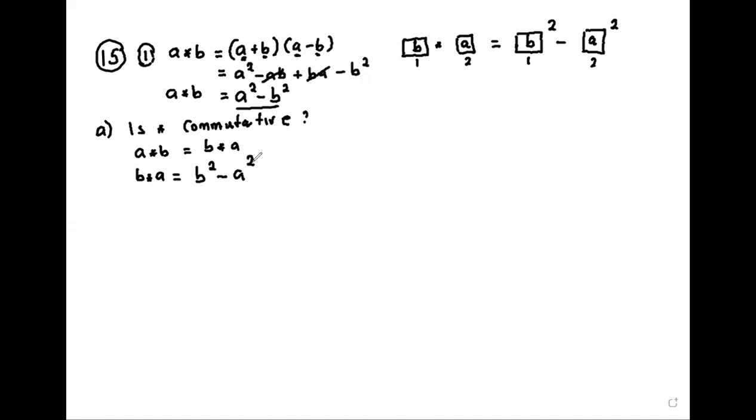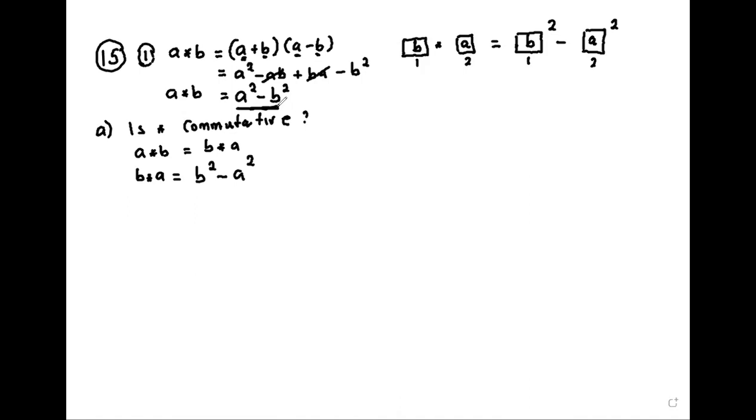Then you check: is B squared minus A squared the same thing as A squared minus B squared? It doesn't look like it. If you suspect that that is not the case but you can't tell using the letters, you are free to pick a certain example that can justify your suspicion.